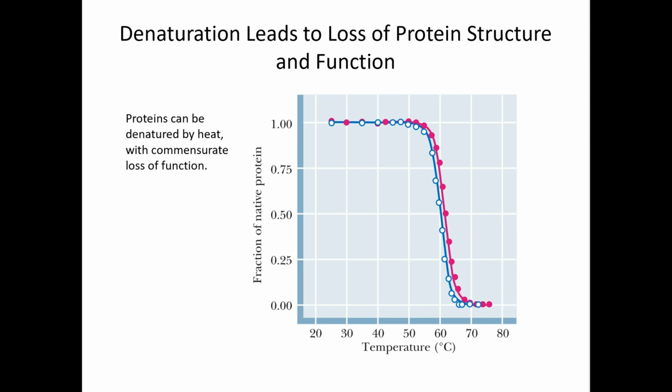So in this particular case, we're just looking at the fraction of native protein in its native state, and as we increase the temperature, right around 50 degrees Celsius, we see a rapid decline in its loss of structure and loss of function, so that at about 70 you no longer have any of the native protein structure function remaining.